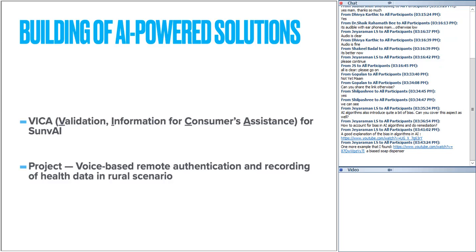So in those kinds of scenarios, you can straight away apply your AI algorithm and just proceed. But in any kind of critical scenario, for example, the one I have spoken about at SunvAI, we have taken care of it differently. So we have to understand where AI will work and where AI will not work, and what the workaround is, what the human component is that we have to bring into the picture.